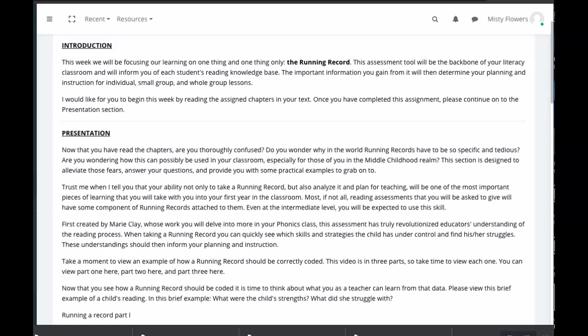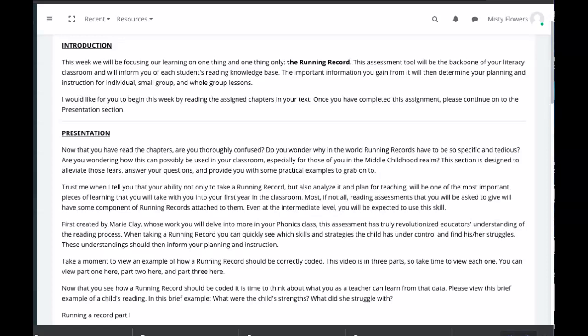When taking a running record, you are not only documenting a student's reading behaviors to analyze and reflect on, but also sharpening your observational skills and your understanding of the reading process. The running record informs not only the selection of an appropriate book, but the specific emphasis that you want to get across to the readers.